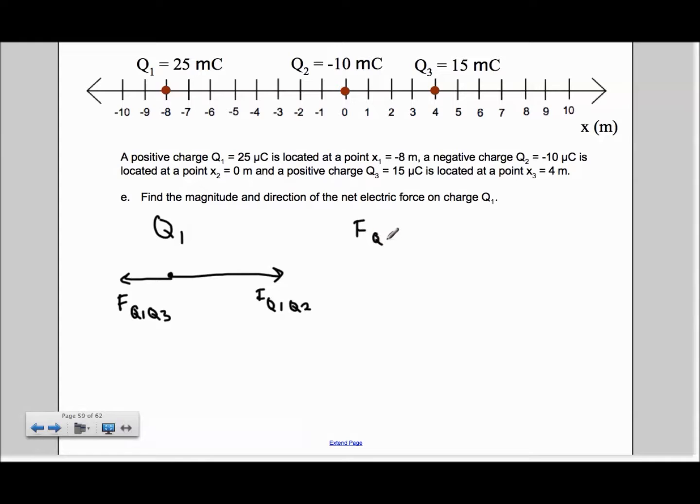So now we know that the force on Q1 due to Q2 is equal to 35,156.25 newtons, and we're given that the force on Q1 due to Q3 is equal to negative 23,437.5 newtons.